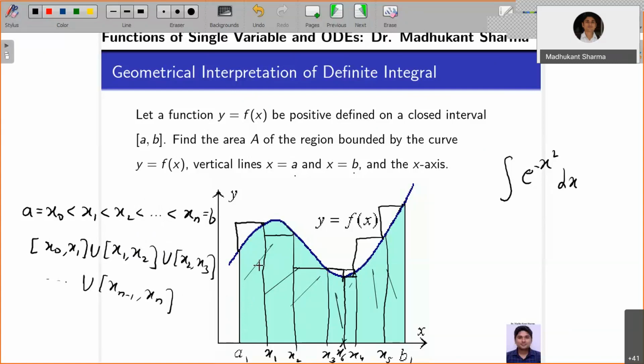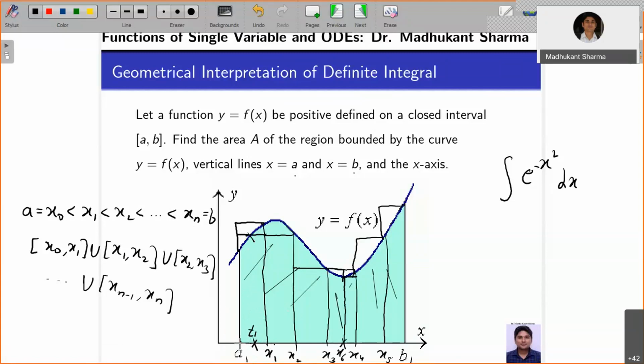In the case of Riemann, what he is doing is, in between a1 and x1, let's take this interval, he will create some tag point that he calls t1, and then take f of t1. Passing through this point, that is going to be the rectangle. This t1 can be placed anywhere.